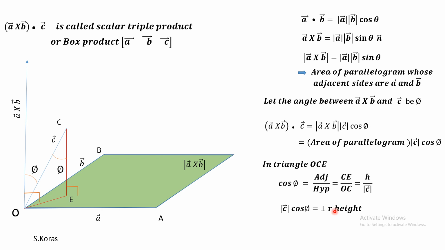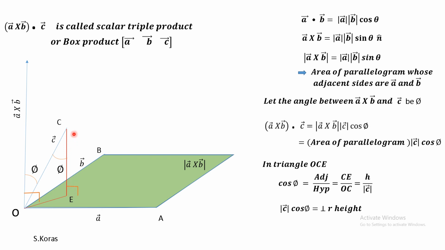Now consider this. Already we know the geometrical meaning for modulus of A cross B, that is the area of the parallelogram. Now we have received a geometrical meaning for modulus of C vector into cos phi, that is the perpendicular height. So if you consider this as the base area, that is the area of the parallelogram, and this as the height.